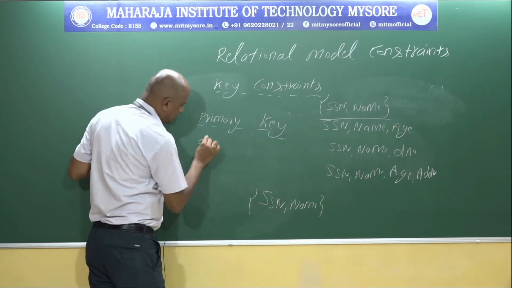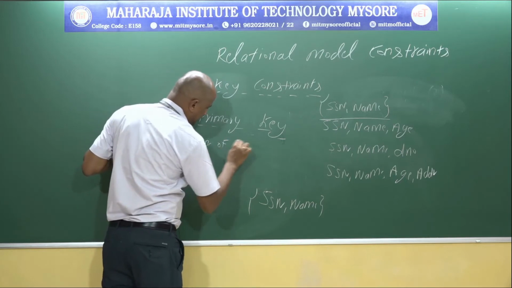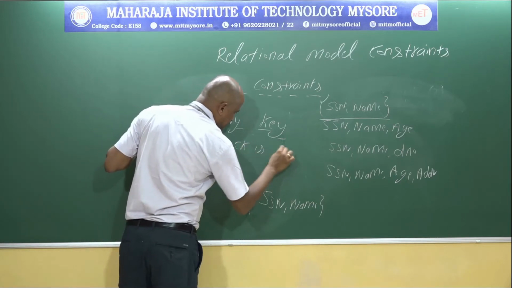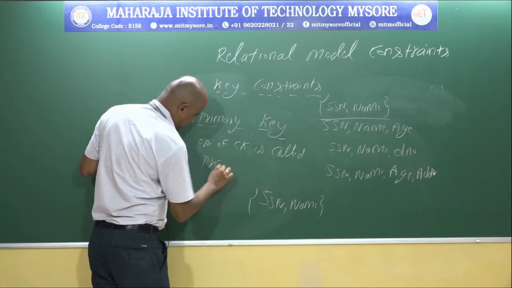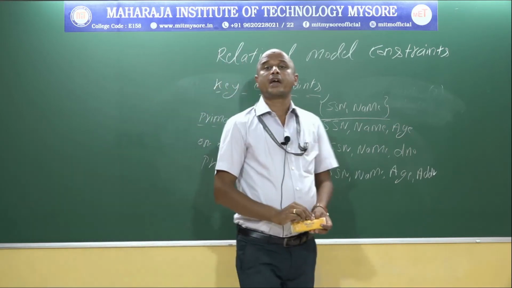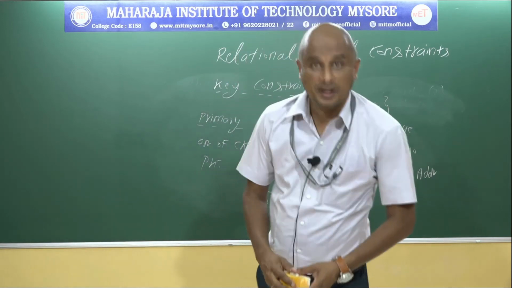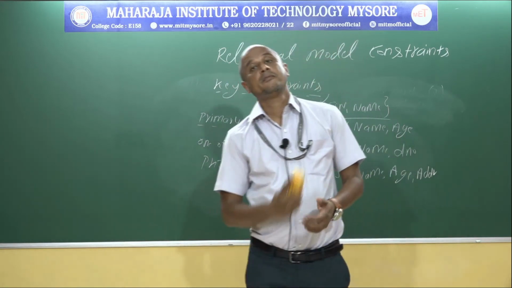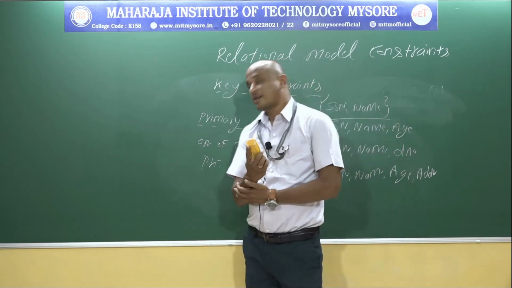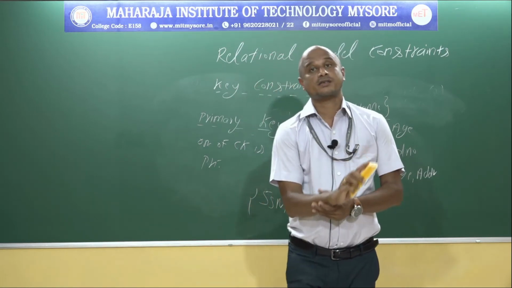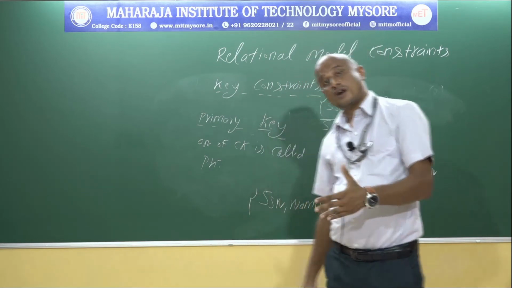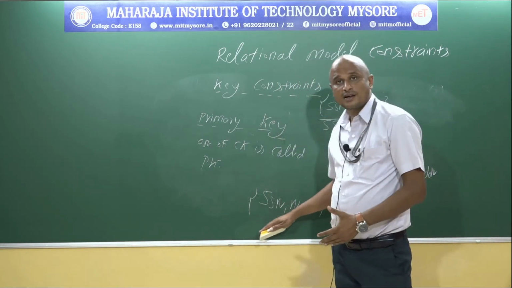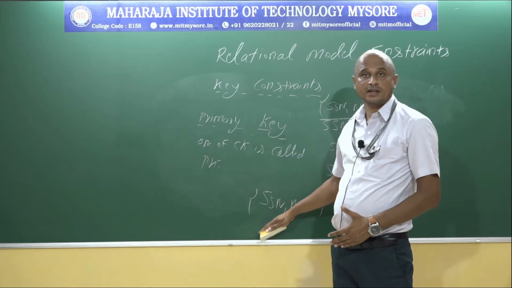One of the candidate keys is called the primary key. You can see that one of the candidate keys is called a primary key, right? So SSN can be called the primary key.